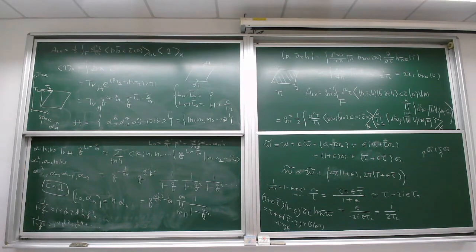Okay. For instance, this state corresponds to what? This state corresponds to how to create this state out of this power series. q times q squared.